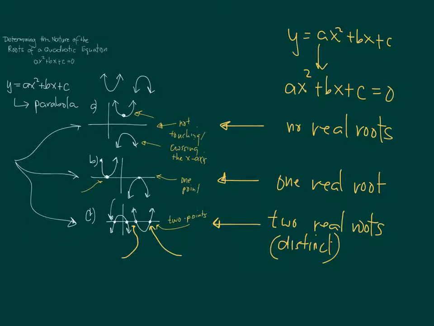Now, common to problems involving quadratic equations will be determining the nature of the roots. When we determine the nature of the roots, we are not really looking for the roots. We just want to identify if we have no real roots, one real root, or two real roots.